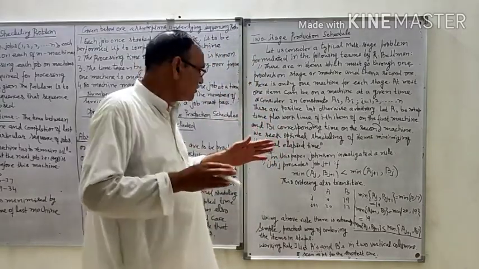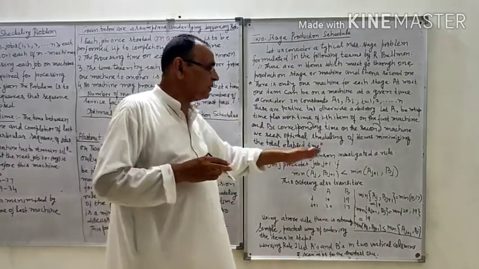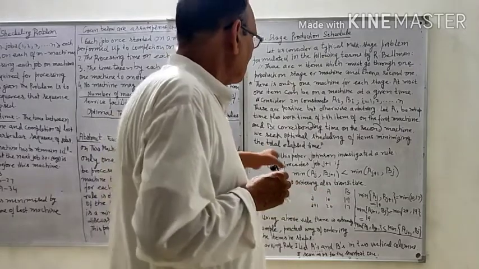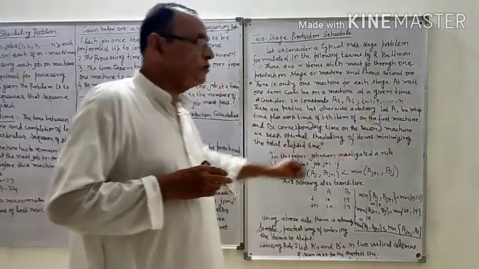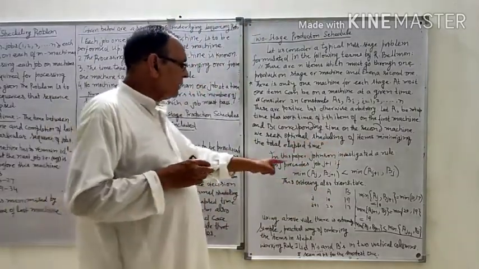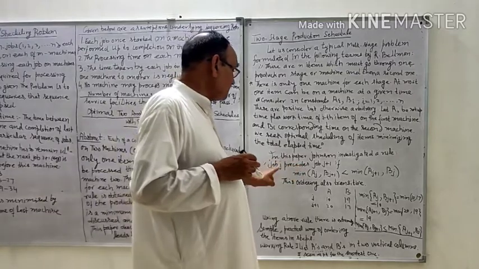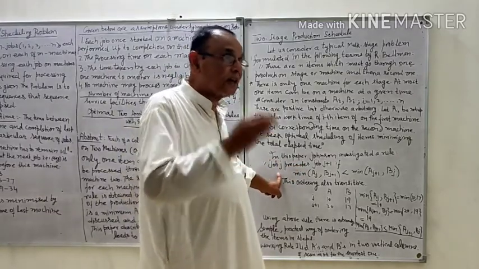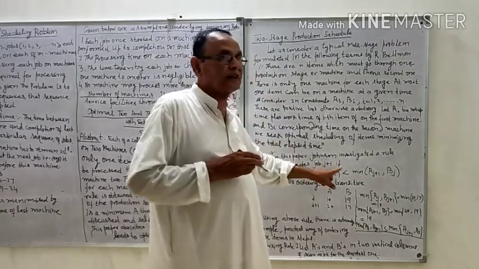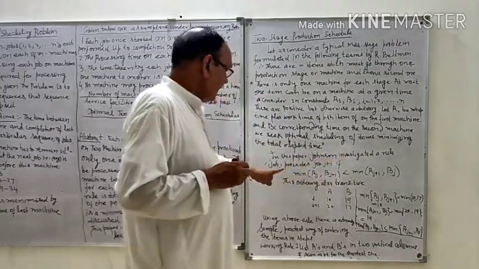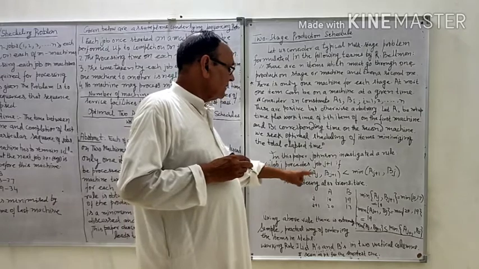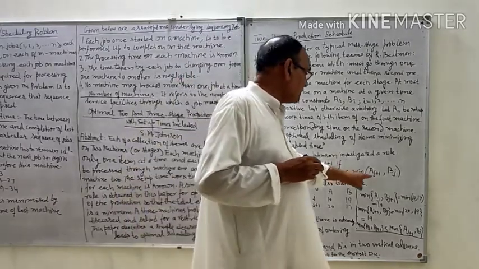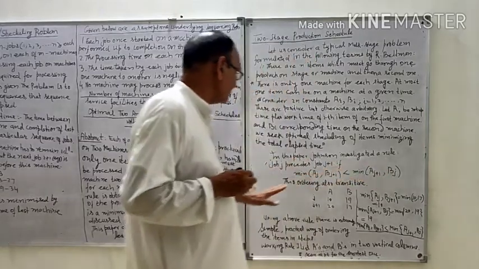You can take any job, suppose J is the third job and J plus 1 is the fifth job, and you can apply the rule on those two jobs. Job J precedes, meaning job J should be done before J plus 1, if minimum of A_J, B_(J+1) is less than minimum of A_(J+1), B_J.